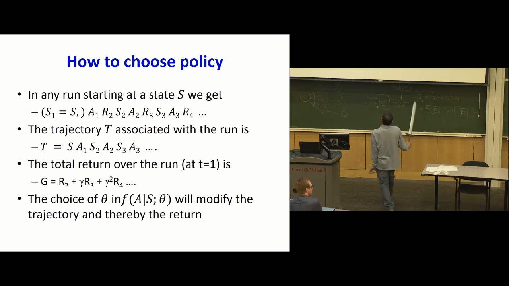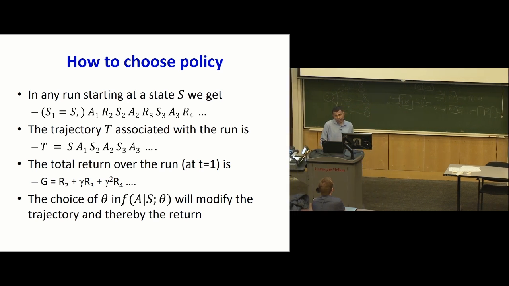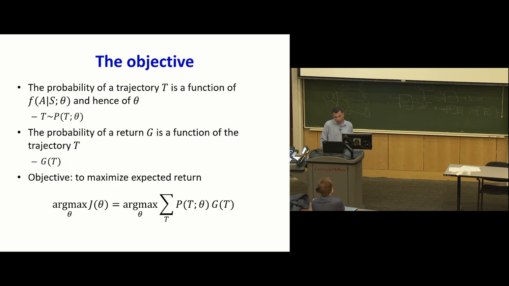Now the choice of the parameter, because the policy is being given by the current policy network, the trajectory depends on theta, right? So the choice of the parameter theta will modify both the trajectory and, as a result, the return. So you can think of it this way.